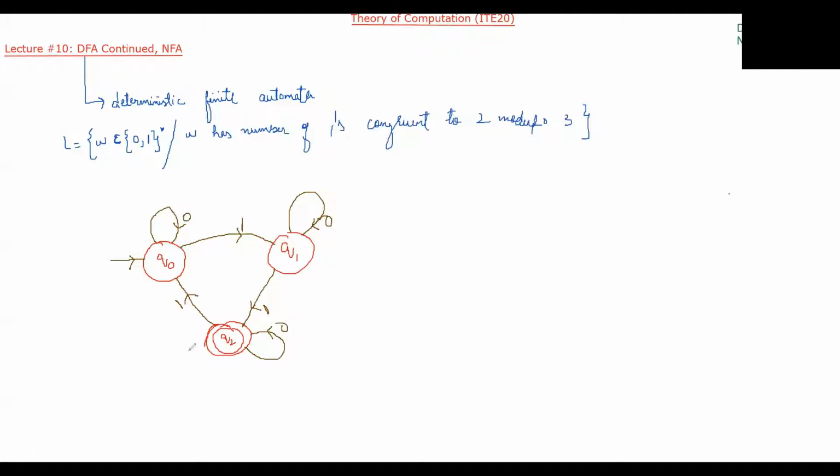So this is the simple DFA that recognizes this particular language. This diagram of a DFA is called a state diagram. Fine, so this is the state diagram.